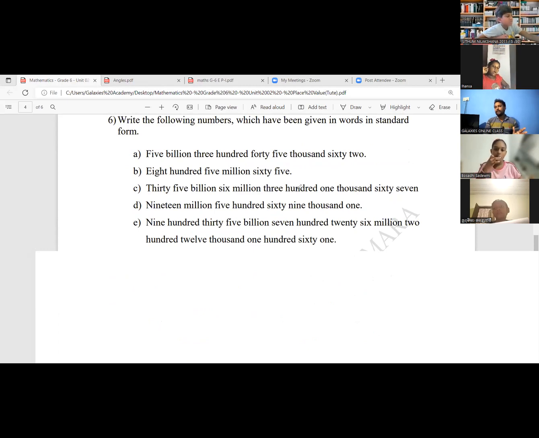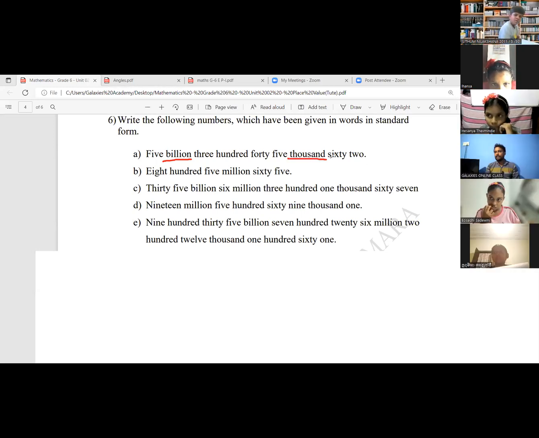First you identify what the periods given in this number are. Billion period is given, and also 345,000. The thousand period is given, and here you can't see the period name, so it should be the unit period.